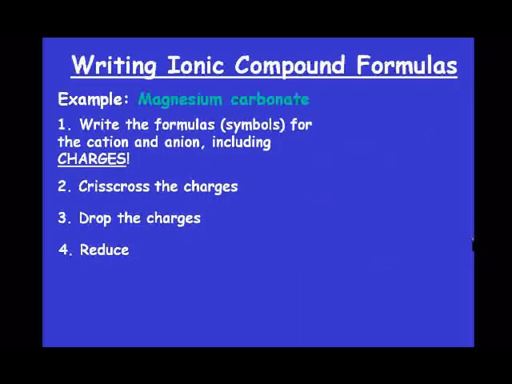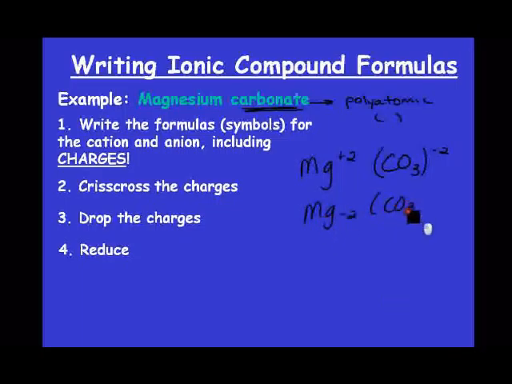Magnesium carbonate. Magnesium is a positive 2. Carbonate, the polyatomic ion, is a negative 2. Remember, since it's polyatomic, we're going to use parentheses. Crisscross, so Mg negative 2, CO3 positive 2.